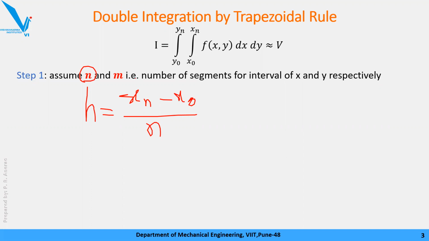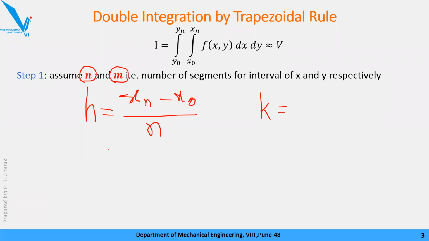Similarly now, if we are having strips in the y direction equal to m, then you also need to calculate the thickness of the strip on that side, the thickness of the strip in the y direction. Let's assume the variable is k. k is the thickness of the segment in the y direction.